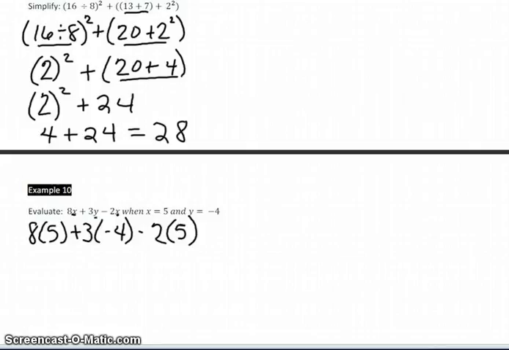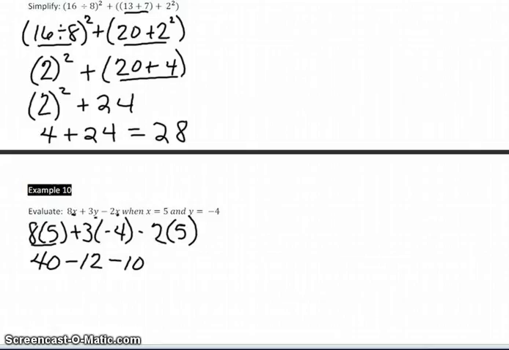Now I follow my order of operations. Please, do I have any parentheses? No. No exponents, so I multiply or divide left to right as it occurs. So here I've got 40, 5 times 8 is 40. 3 times negative 4 is negative 12, and negative 2 times 5 is minus 10.